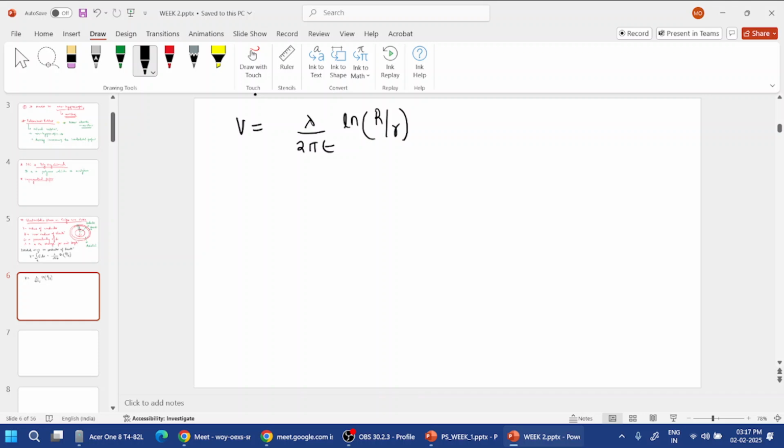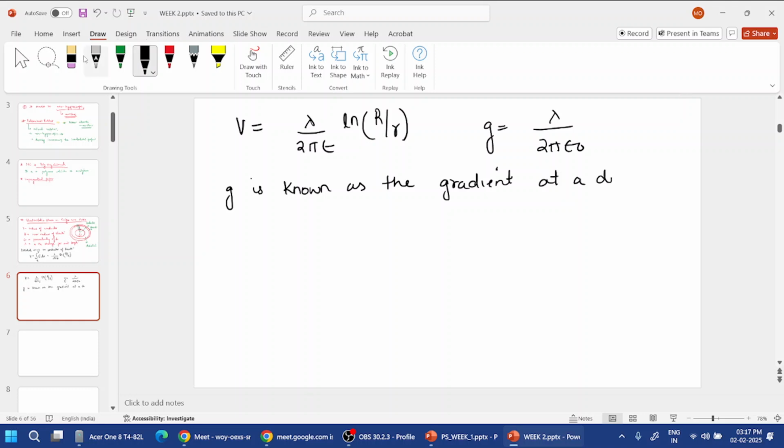And we know that here we can say that G is equal to lambda upon 2 pi epsilon. So what is G? G is known as the gradient at a distance.